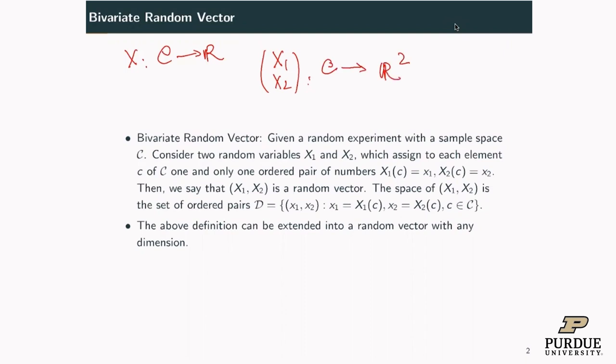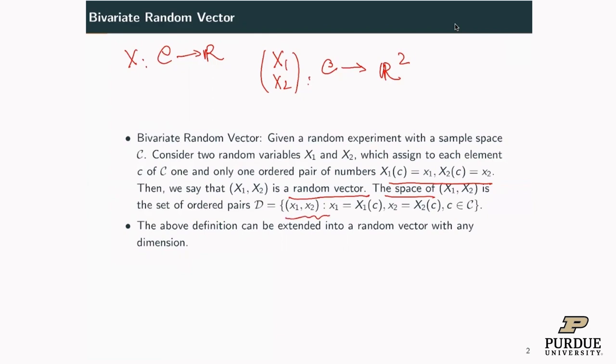So you give me a C, I will give you two numbers, little x1, little x2, which are inside the two-dimensional space. This mapping makes (X1, X2) a bivariate random vector. The space of (X1, X2) contains all possible values for this random vector.